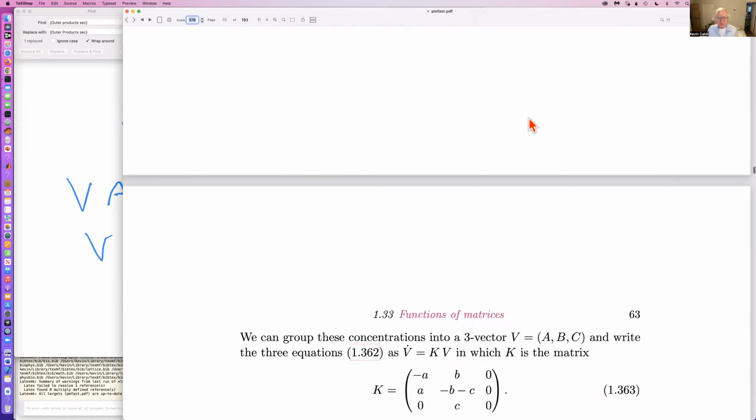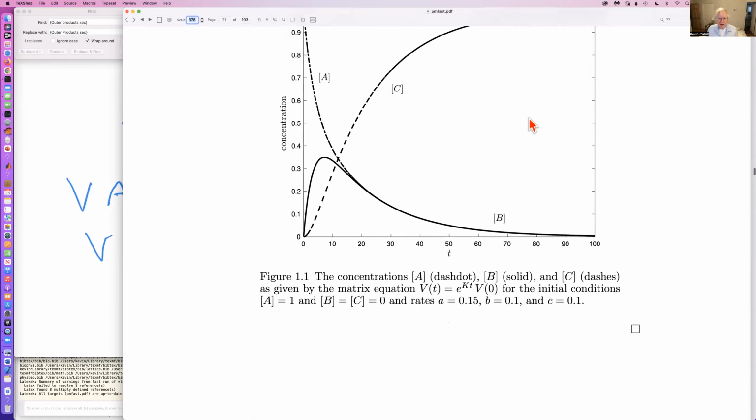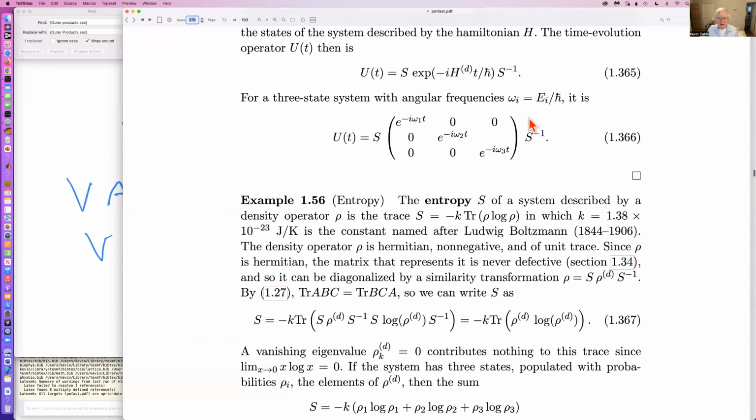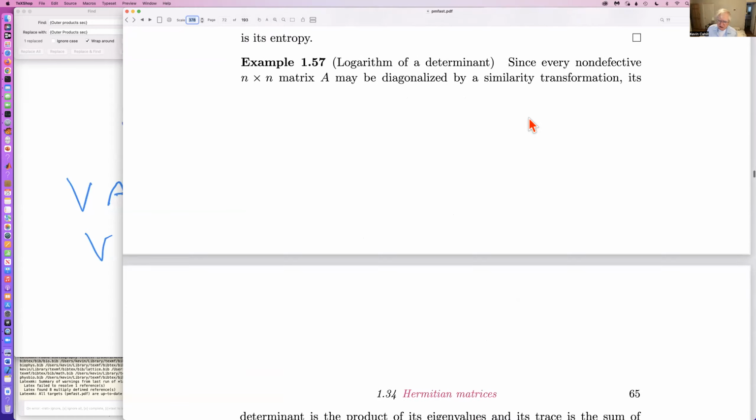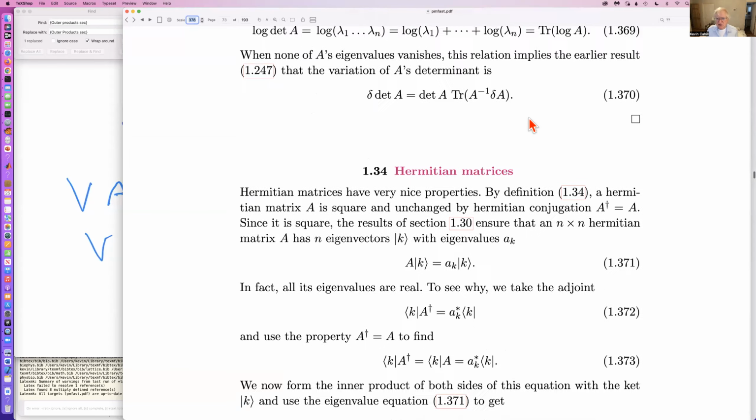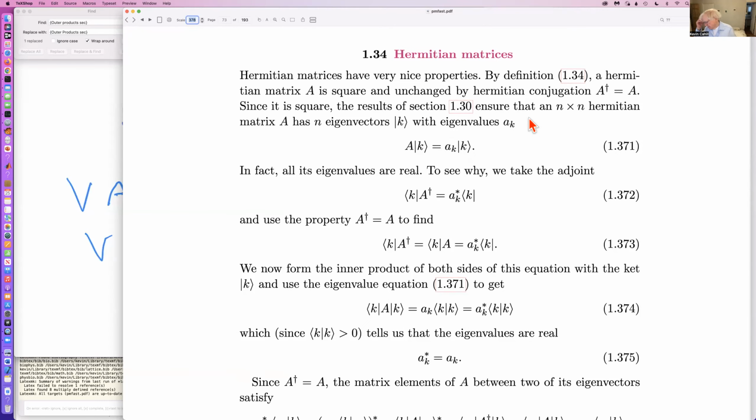So I'm going to skip these things, and these are all examples that you should study, especially the ones that are physical.